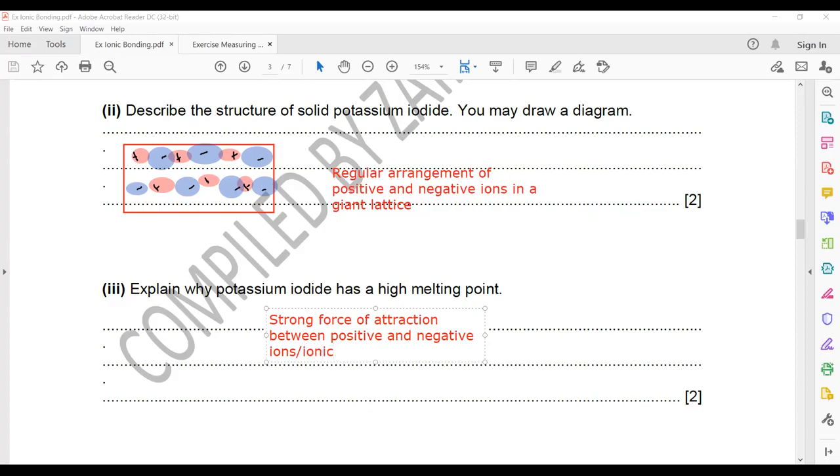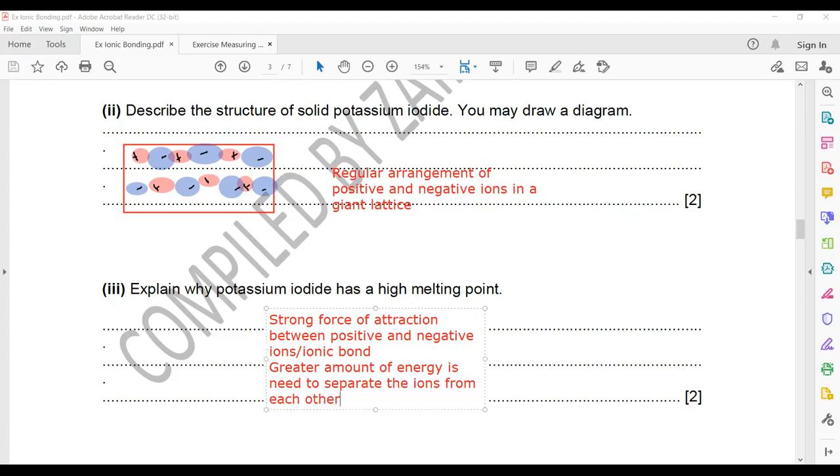And the second mark: a greater amount of energy is needed to separate the ions from each other.